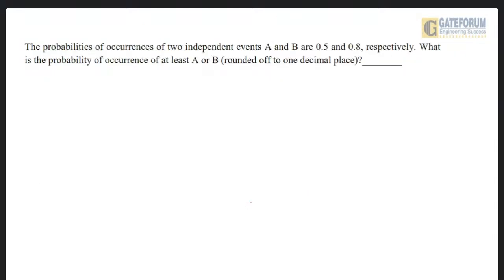The question is: the probabilities of occurrence of two independent events A and B are 0.5 and 0.8 respectively. What is the probability of occurrence of at least A or B, rounded off to one decimal place?